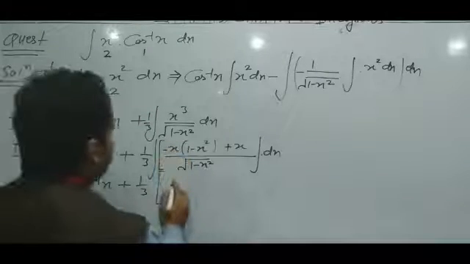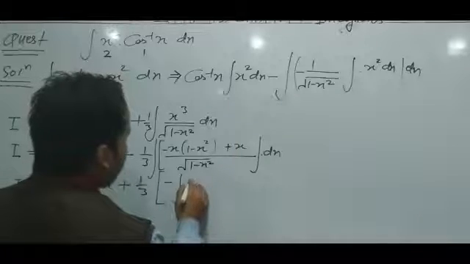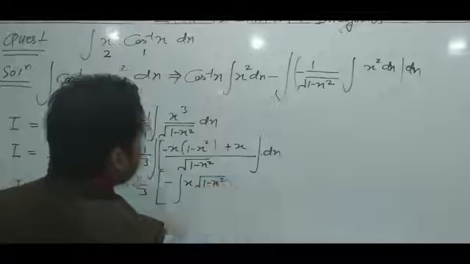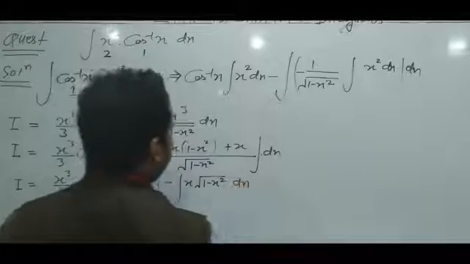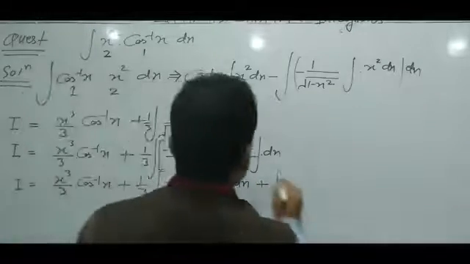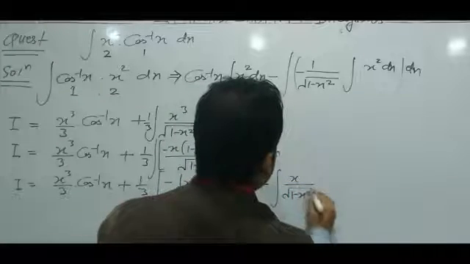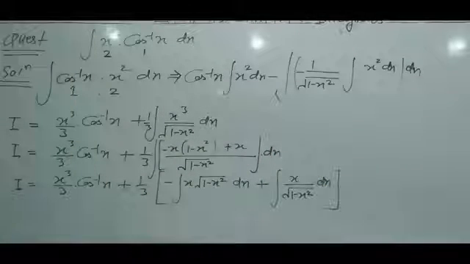This one we can write minus integration of x times root over 1 minus x square dx, and plus this is x upon root over 1 minus x square dx.